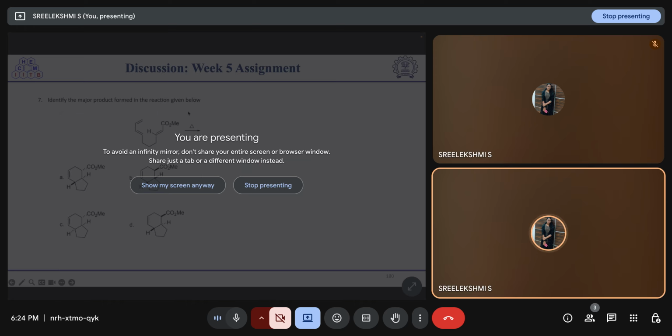Moving to the next question, identify the major product formed in the reaction below. So this compound upon heating, which will be the product formed here.